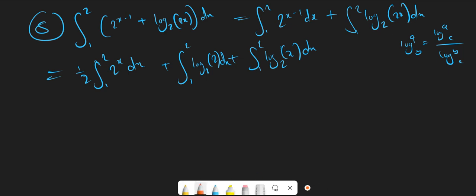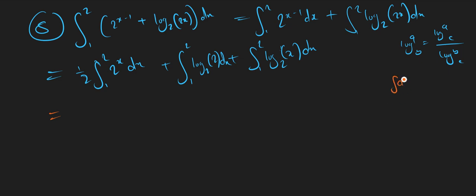Now with this pattern, we can continue. Here it's clear that the integral of a to the x is just going to be a to the x over log a. So this is going to be half of 2 to the x over log 2.